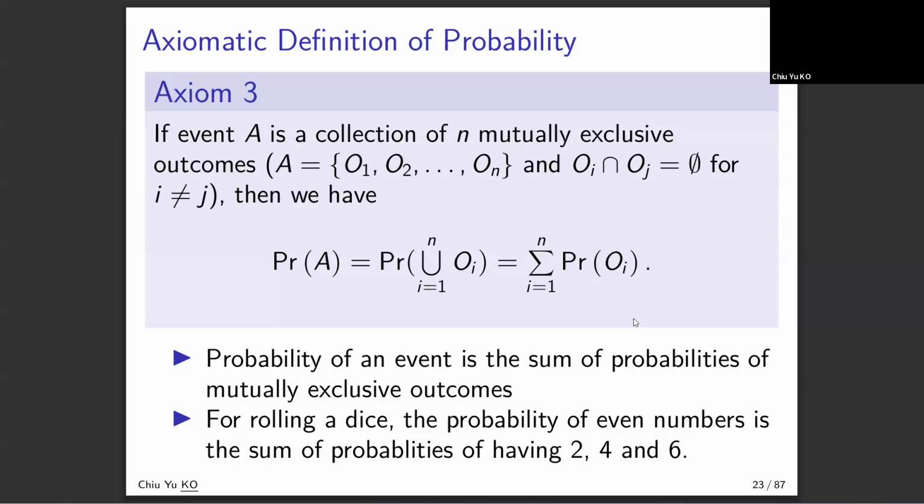The probability of an odd number is the same as the sum of 3 parts: 1, 3, and 5, because an odd number consists of 1, 3, and 5. You look at its parts, probability of 1, probability of 3, probability of 5, and added together they must be the same as the probability of an odd number. That is very natural, right? I think it's very natural.